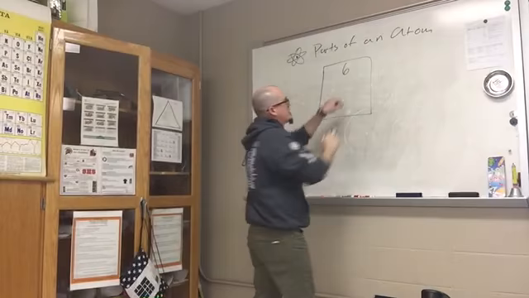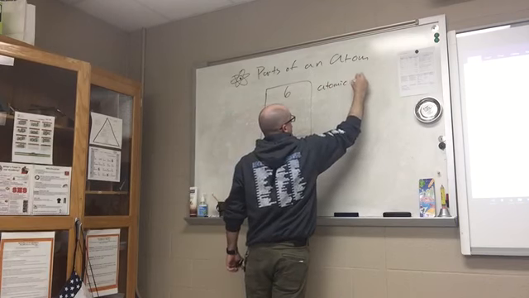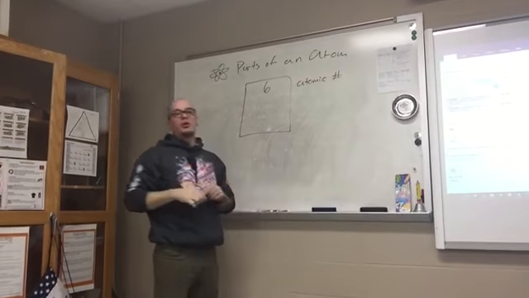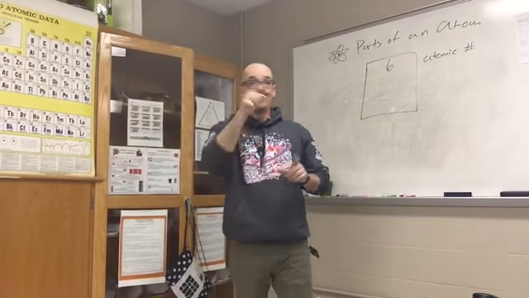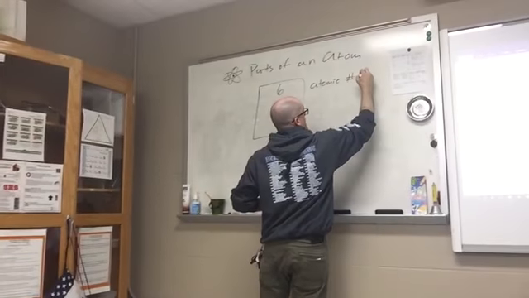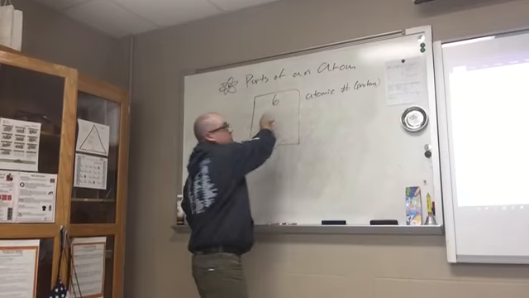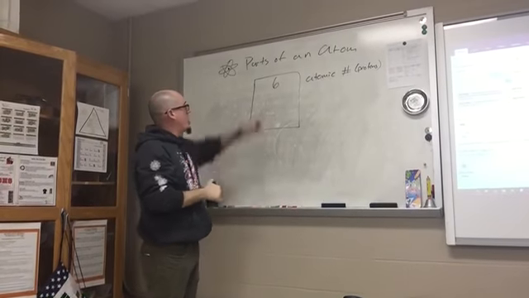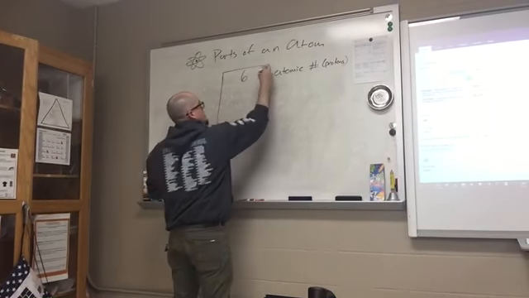At the very top is a number. That is the atomic number. Now, do y'all remember which subatomic particle equals the atomic number? Protons, exactly. So that is the number of protons. You're supposed to draw the box, put a 6 at the top, and write atomic number, protons. That's this right here.